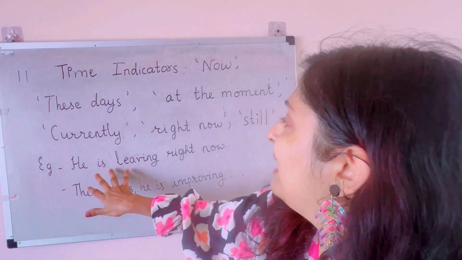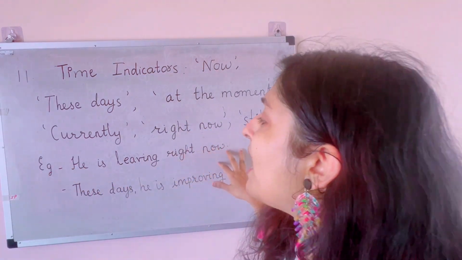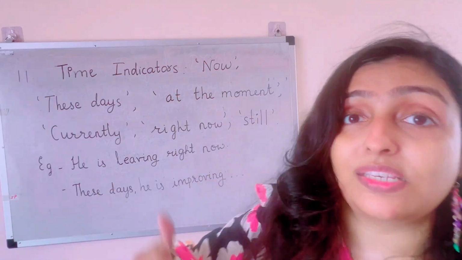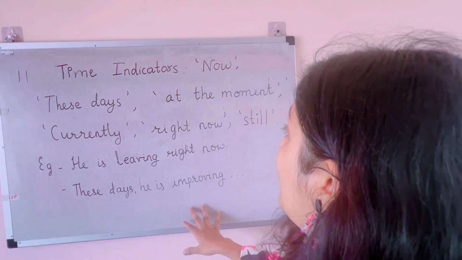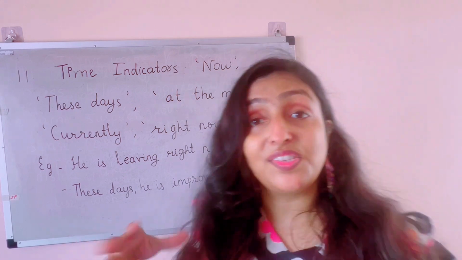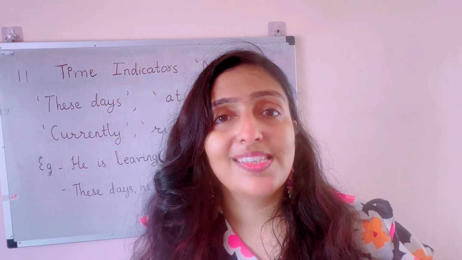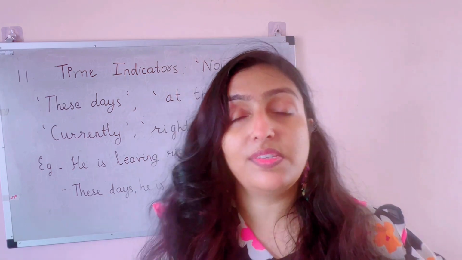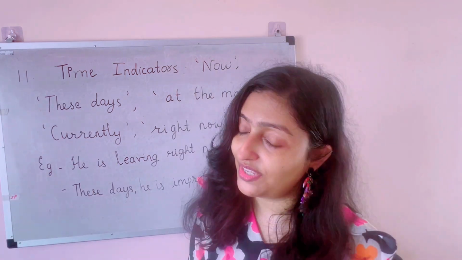For example, he is leaving right now or at the moment. These days, he is improving. He is still recovering. So all these are examples of sentences in present continuous tense.